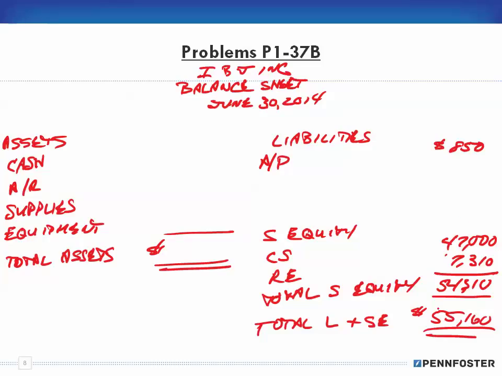I mean, it's not incorrect, right? But what I would have done if it was me, so stockholders' equity, what I would have done is, because I'm getting a mathematical calculation here, okay?